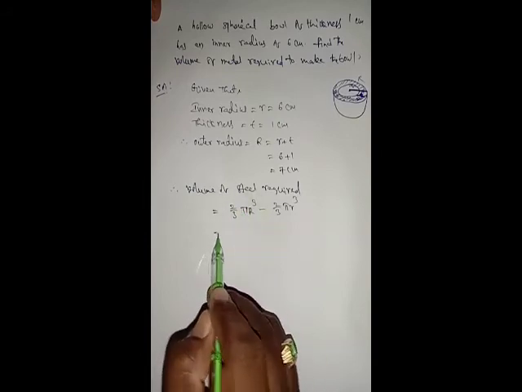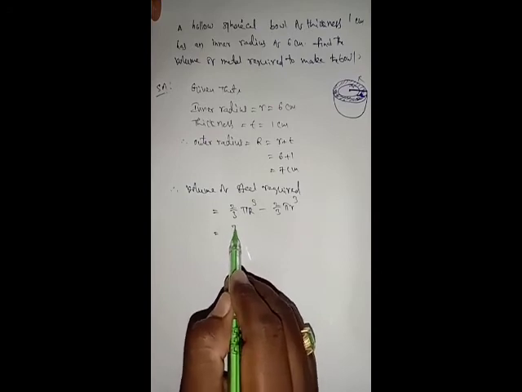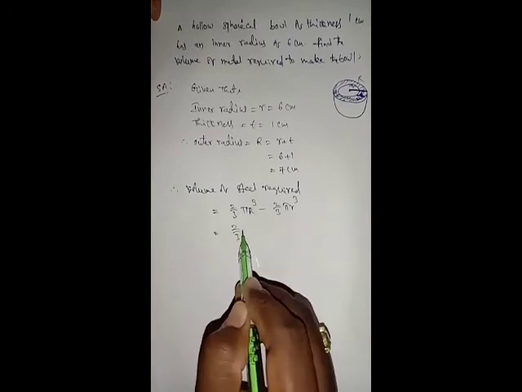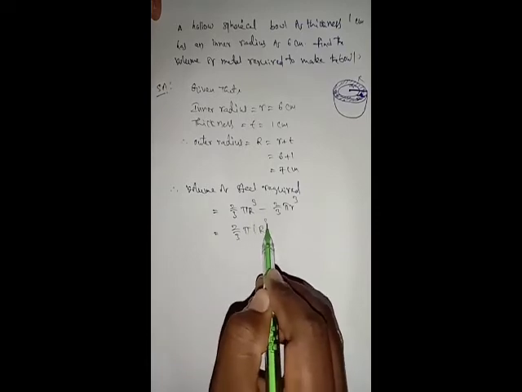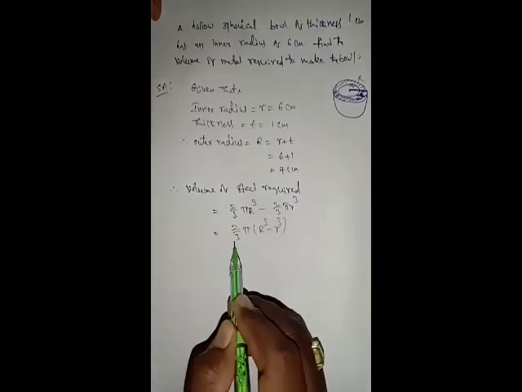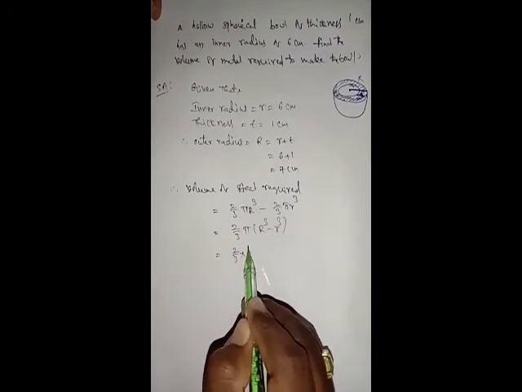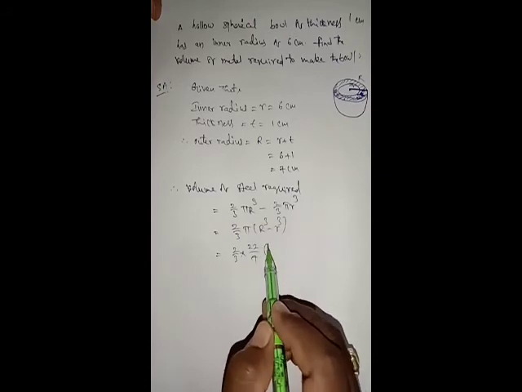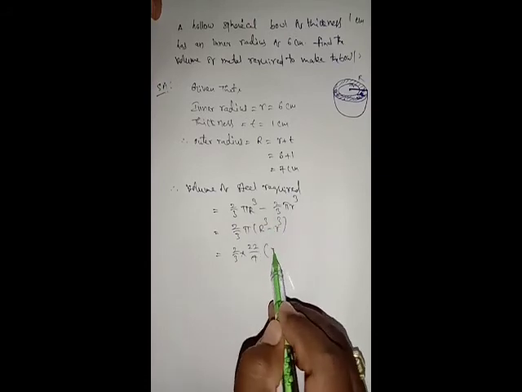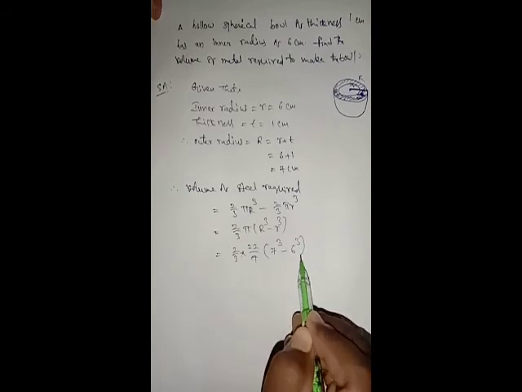So according to the given problem, 2 by 3 pi into R cube minus r cube. I separate 2 by 3 into pi. 2 by 3 into pi, the value is how much? 22 by 7. So according to the question, capital R is 7 here. 7 cube minus small r, children, 6 cube.